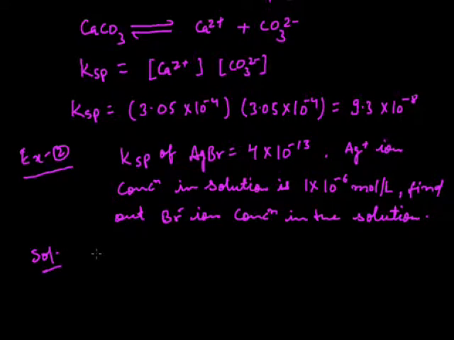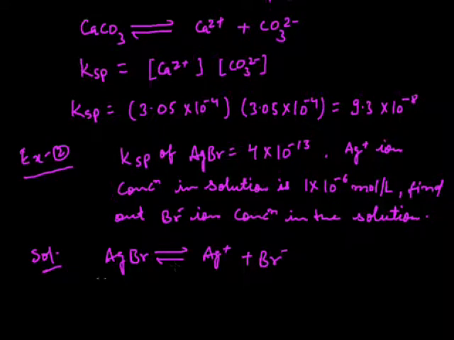Solution: AgBr is ionized as Ag plus ion and Br minus ion.